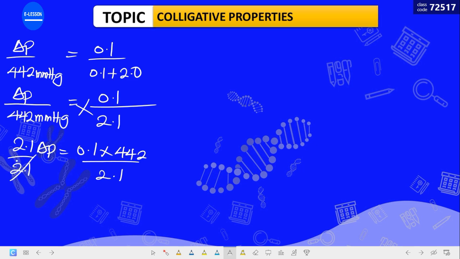So our change in P, this change is very large. Or am I mistaking something? Okay, it's correct. Change in P now will be equal to 0.1 times 442, I think it's 44.2, divided by 2.1, and then our change in P, 44.2 divided by 2.1.